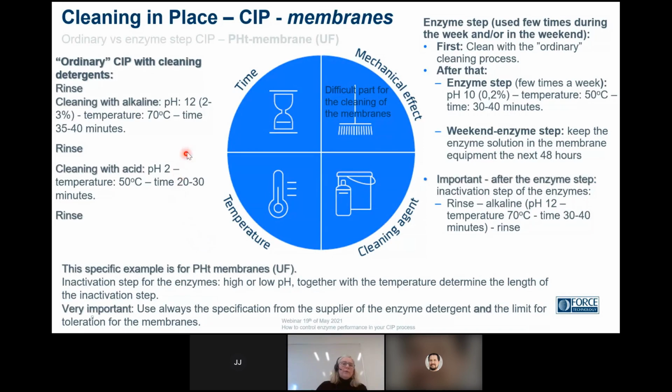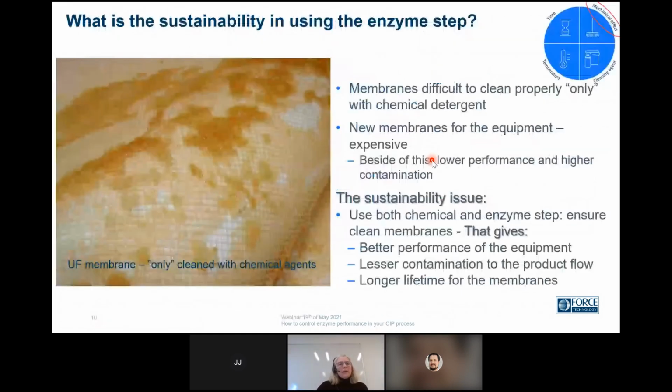So even though these membranes can tolerate higher pH, higher temperature and lower pH, it is still necessary to have the enzyme step to get clean membranes. Here we have a case.